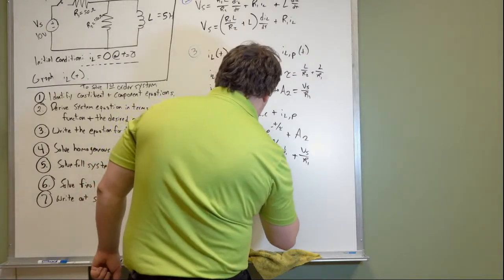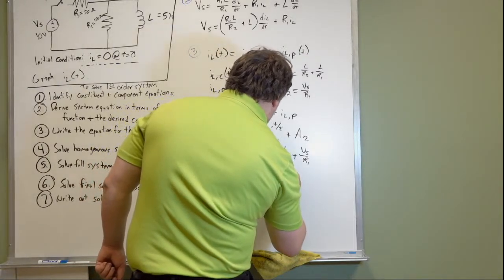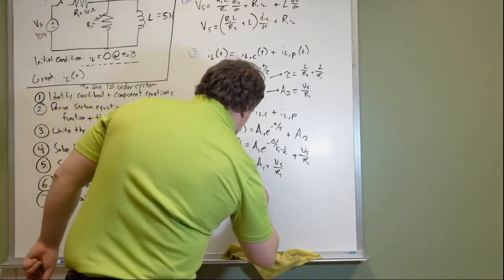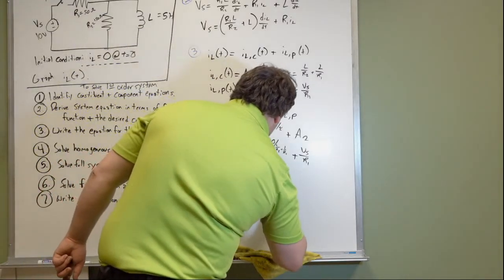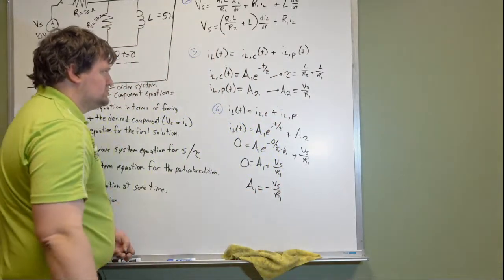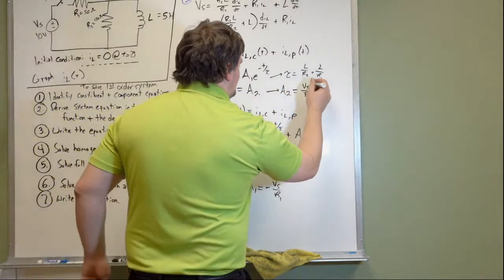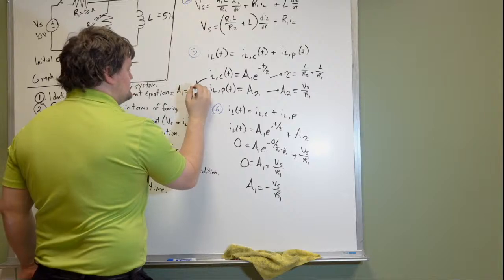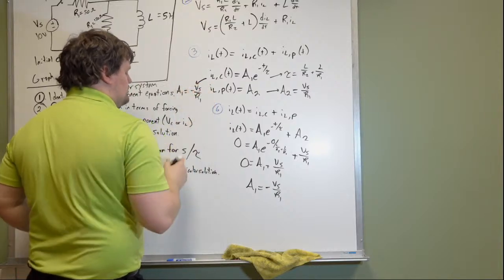So this ends up being A1 plus Vs over R1. You subtract that over, and you end up with A1 is equal to negative Vs over R1. And that is the solution to 6. So we can write this over here: A1 is equal to negative Vs over R1.